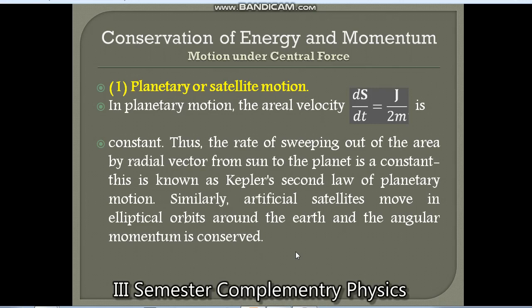In another way, the area swept out by the radius vector in equal intervals of time are equal, and this is called Kepler's second law of planetary motion. This law is valid for artificial satellites moving around the earth. In that case also, angular momentum and areal velocity are constants of motion.